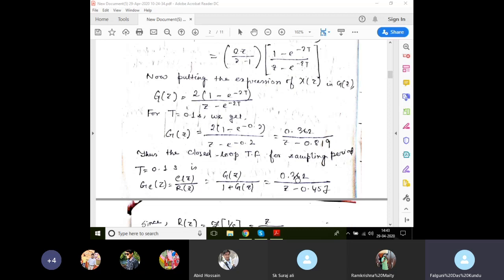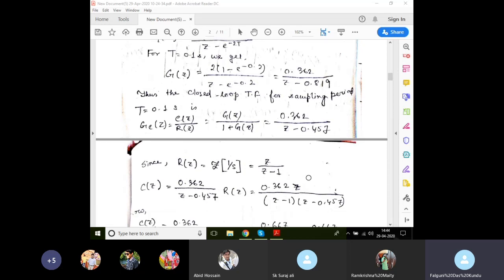Thus the closed loop transfer function for the sampling time period T equals 0.1 second is GC(z). What is GC(z)? GC(z) is C(z) by R(z), that is G(z) by 1 plus G(z), which is 0.362 divided by (z minus 0.457).